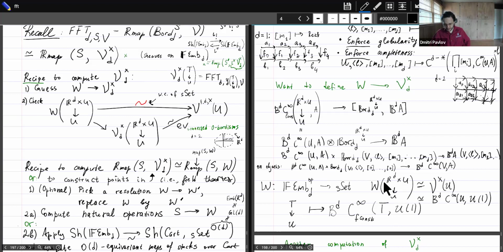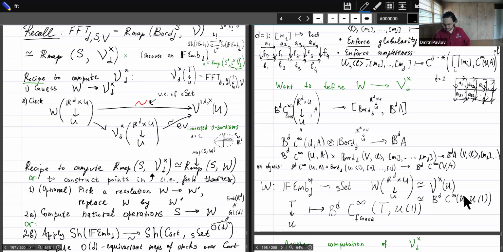What does it mean to have a function on R^d times U that is constant on each fiber of this projection map? Well, that means precisely the whole fiber gets mapped to an element of U1. So for every point in U, you have an element in U1. This element depends smoothly on U. But of course, that's just the same data as a smooth map from U to U1.